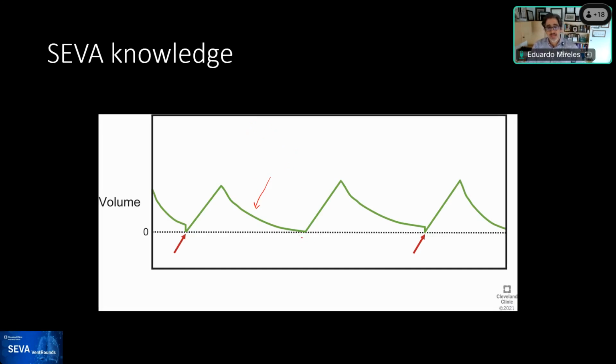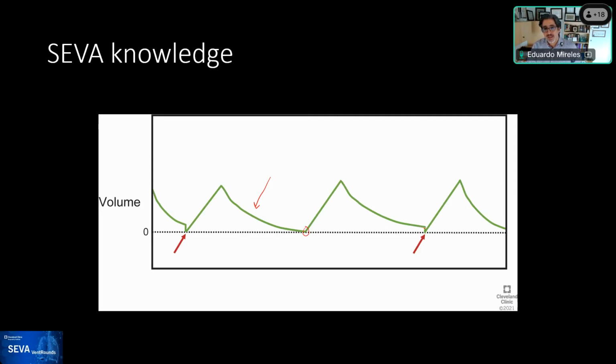The second item that you need to be aware of is that the ventilator does a little trick, and I presume this is constant, at least for the majority of ventilators that we use. I don't know of a ventilator that doesn't, but I'm sure there must be one. In general, when they start delivering the inspiratory volume, it starts from 0, and then it reaches the inspiratory volume, and then the patient exhales, and it measures how much is coming out.